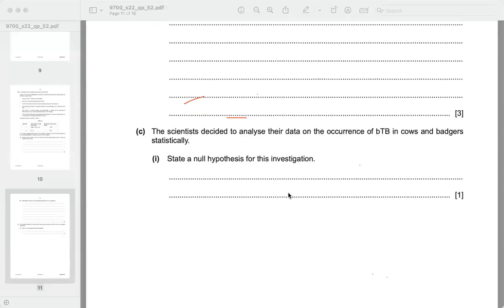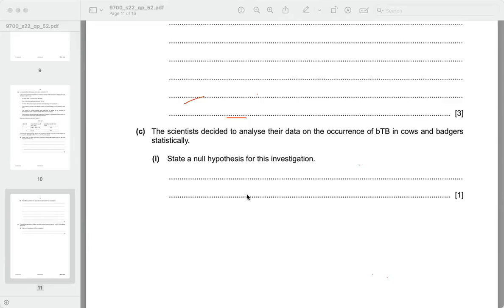And now we come to a null hypothesis question. The scientists decided to analyze their data on the occurrence of bovine tuberculosis in cows and badgers. State the null hypothesis for this. So we are trying to establish a relationship between infected badgers and infected cows. So what will be our null hypothesis?